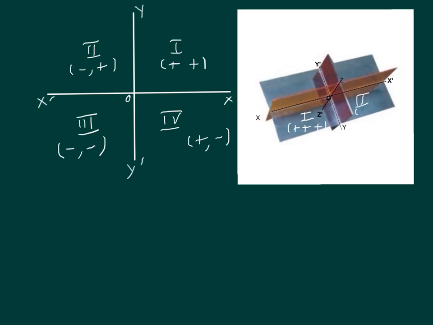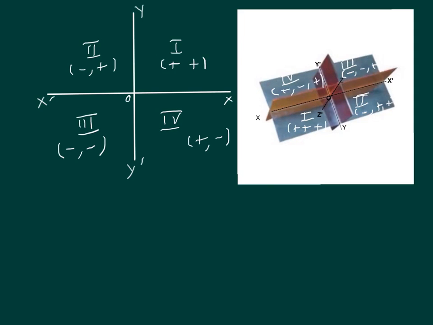It will have x negative, and y and z are positive. In the third octant, x and y are negative but z is positive. And in the fourth octant, we will have x positive, y negative, and z positive.